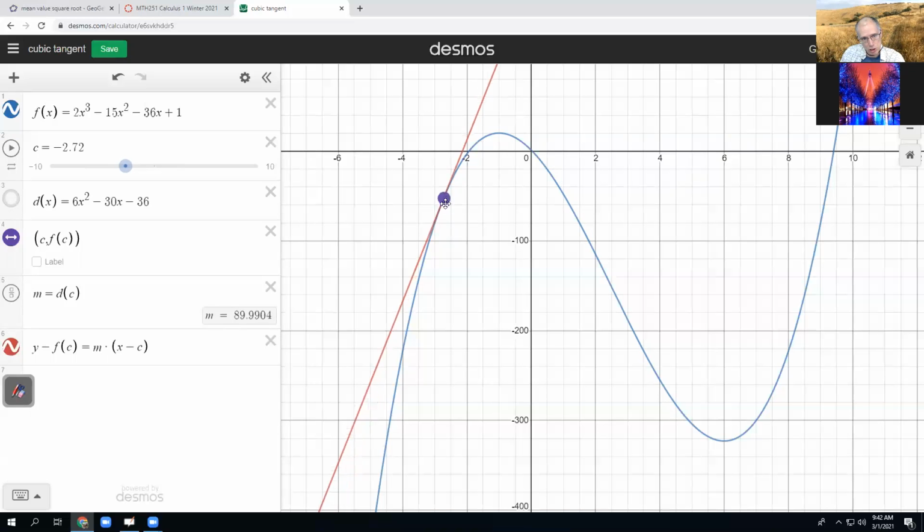What's happening with the slope as I move the x value from -3 toward -2? It's dropping, right? So I'm over here at -3, slope's around 100. I move over toward -2, the slope drops to 63. I get closer to -1 here, the slope's dropping to 40-ish, 37. And the slope's gonna go from around 100 all the way to 0.